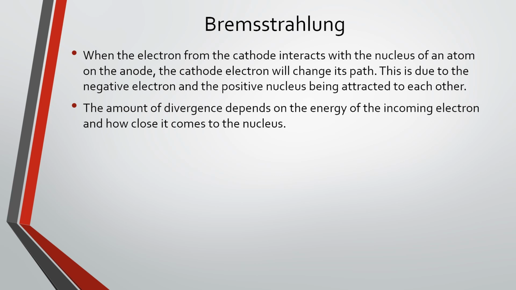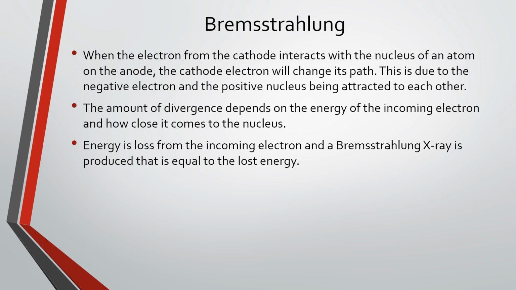The closer it comes to the nucleus, and depending on the energy level of the incoming electron, it will change how much it diverges, how much it curves around the nucleus. Energy is lost from the incoming electron, and a Bremsstrahlung X-ray is produced that is equal to the energy loss.